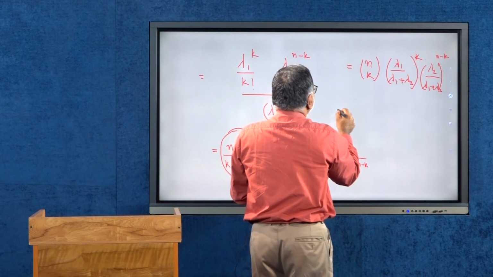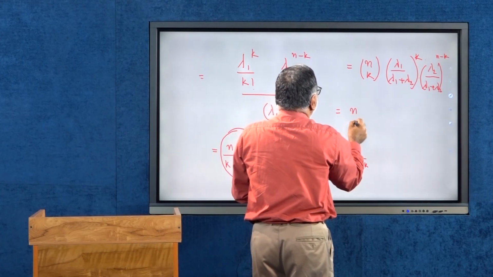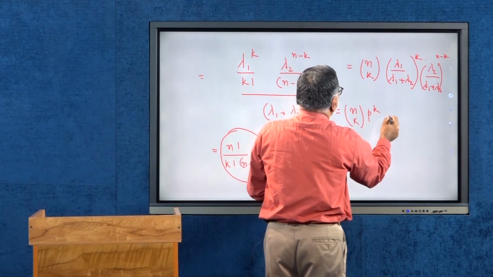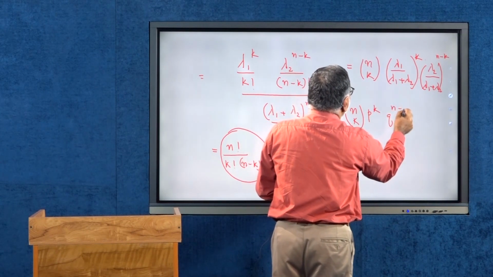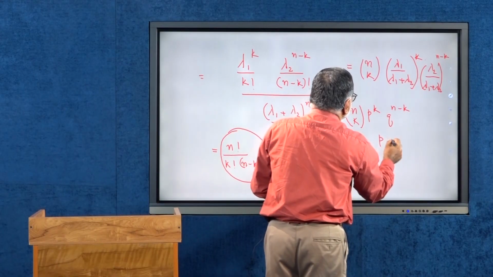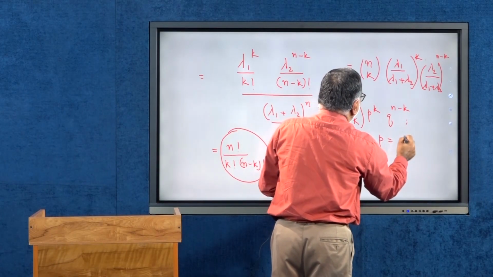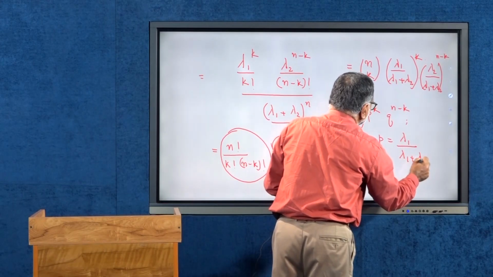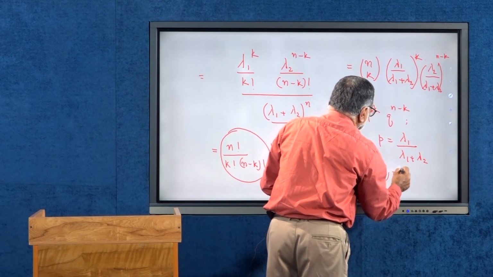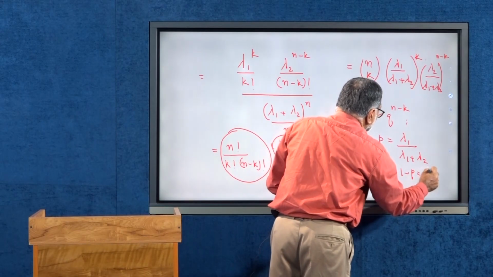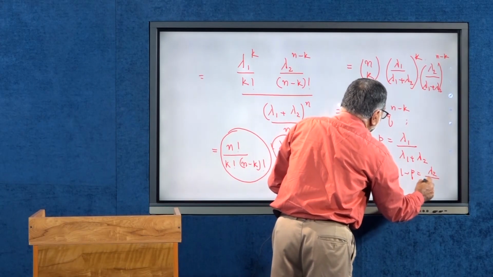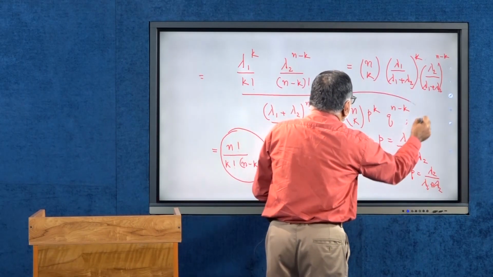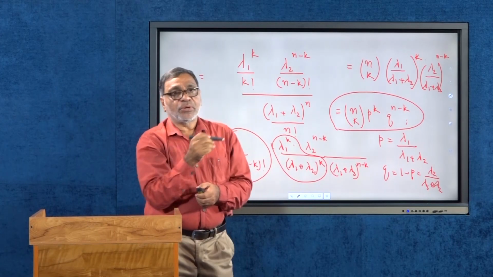So, let me write this as nCk p power k q power n minus k, where p is equal to lambda 1 divided by lambda 1 plus lambda 2, and q is 1 minus p, that is lambda 2 divided by lambda 1 plus lambda 2. This is nothing but our binomial probability mass function.